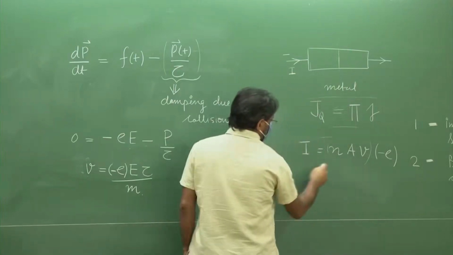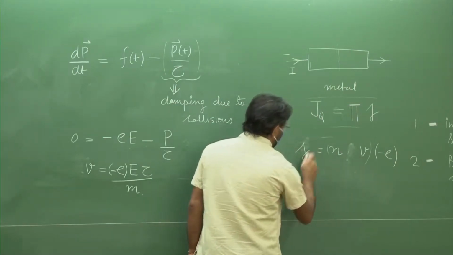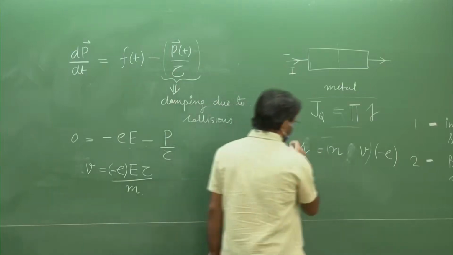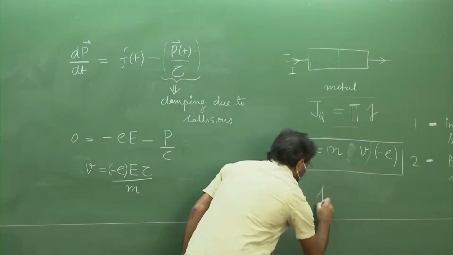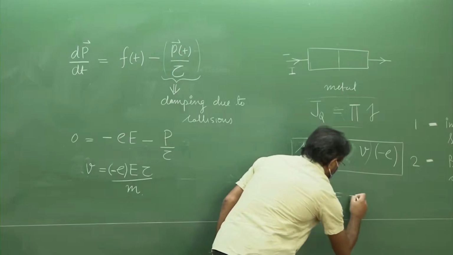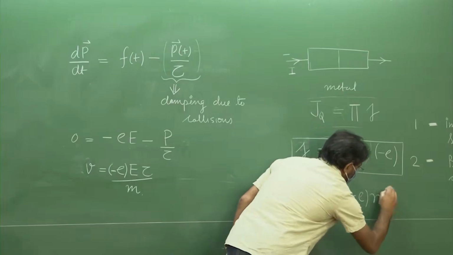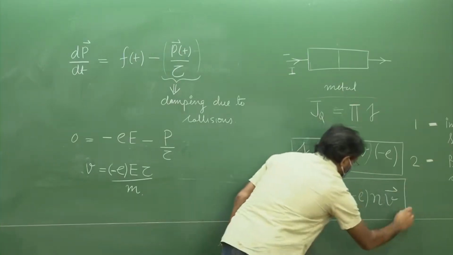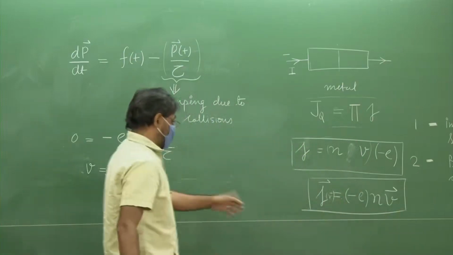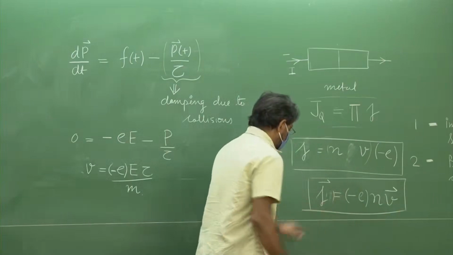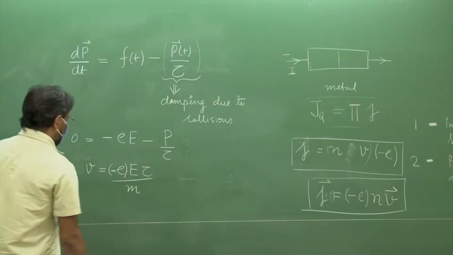So from here you can divide this by A and arrive at a very useful quantity called the current density J. Once again I have dropped the vector notation, but if you write this equation vectorially, then your J vector would be minus E, coming from the charge of the electron, times N times the average direction of the velocity, and this would change from place to place inside the material, right? J can change in general, but in this case we are dealing with a simplified case. So for V you can plug in those values from there.